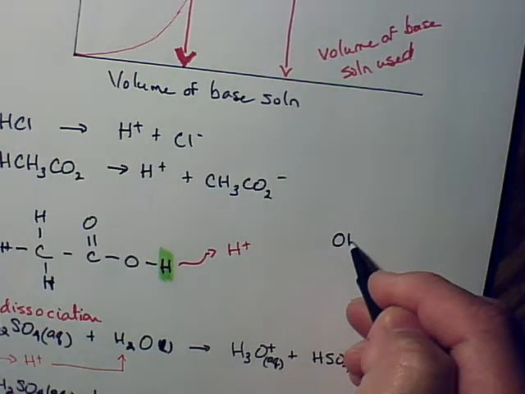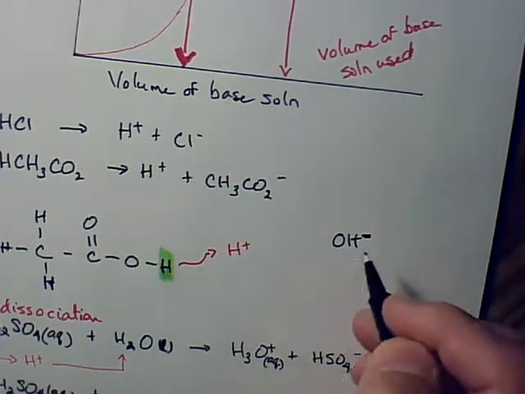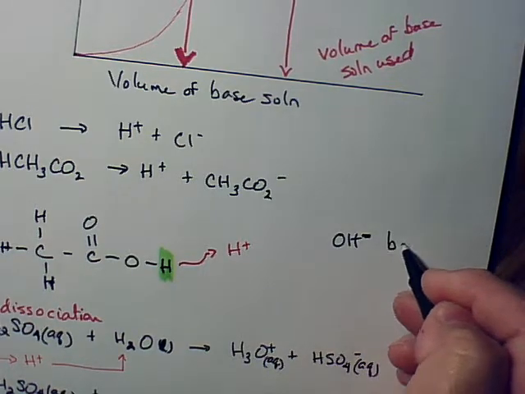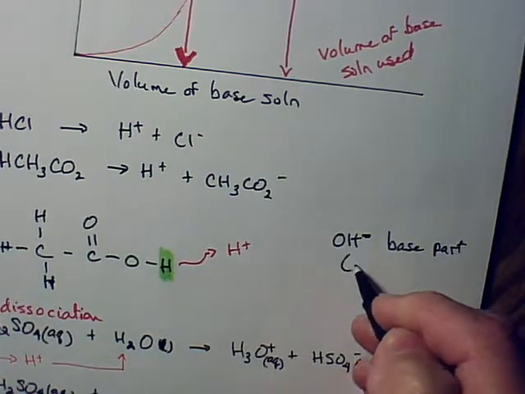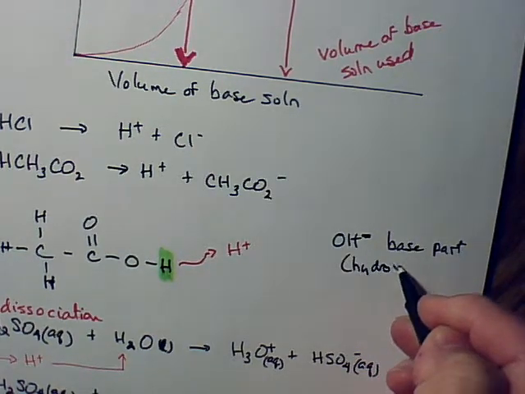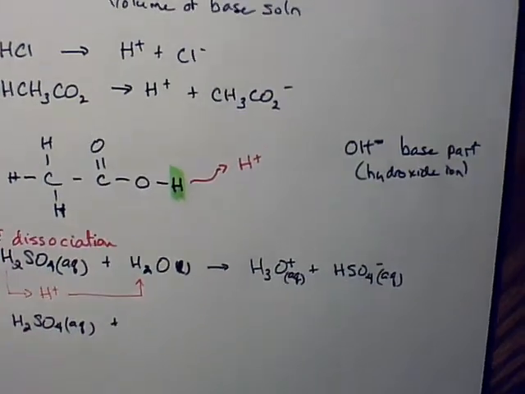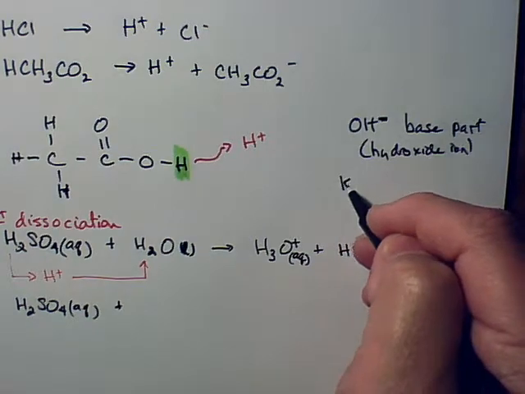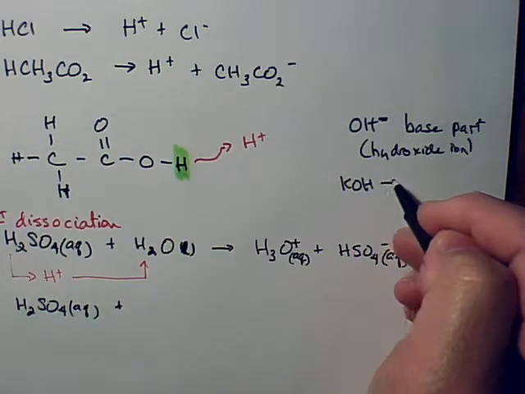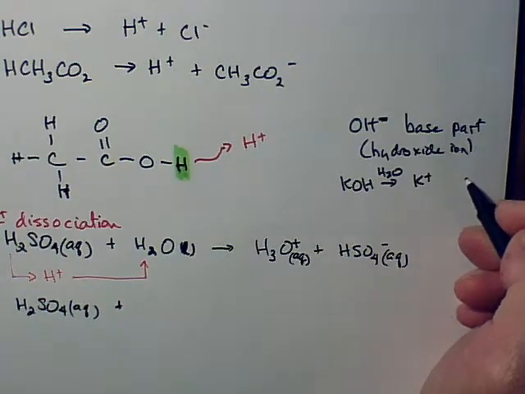All the strong bases have an OH group on there. All of them we've used so far have an OH on there. Okay? So this is the base part. This is what does the work of the base. Okay? The hydroxide ion. Alright? So let's say in Monday's lab we had KOH. We put that in water and we got the potassium ion.